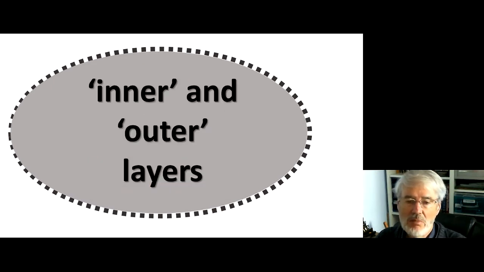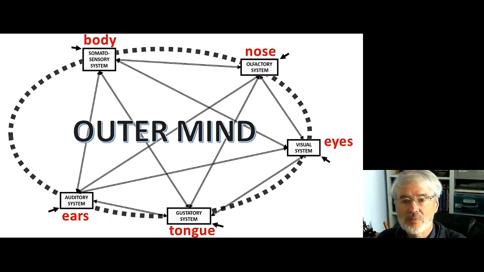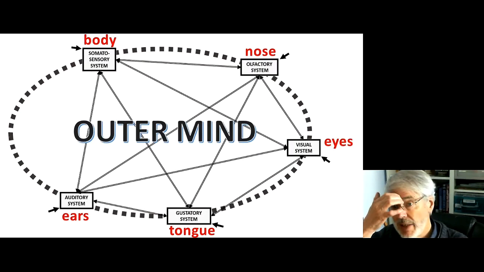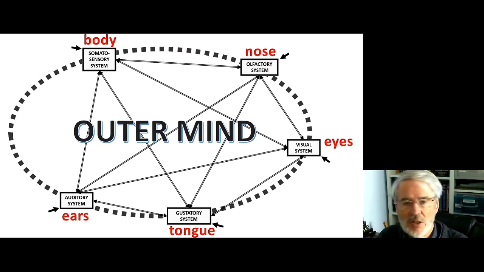And in the modular cognition framework, we think of it in terms of inner and outer layers. So the outer layer, the outer mind, consists of the various ways in which we represent the sensory signals that come in and which we use to create representations.